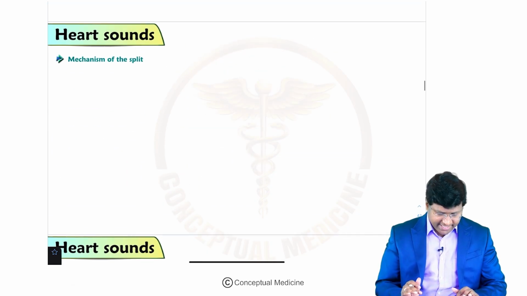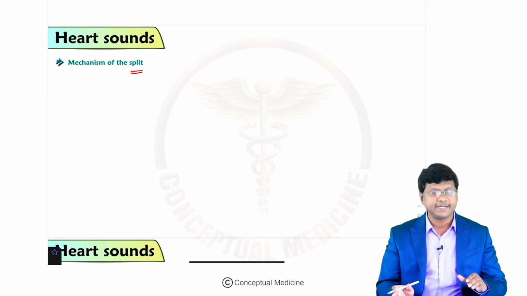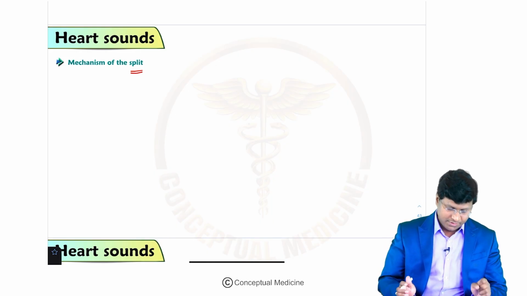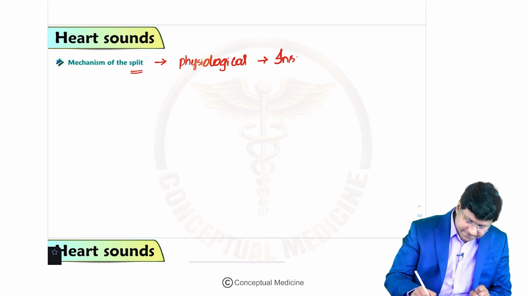Now, you should understand the mechanism of the split. See, I said to you that in the second heart sound, you will be able to make out the physiological split. So now let me discuss the mechanism of the physiological split. And this physiological split is heard only during inspiration.